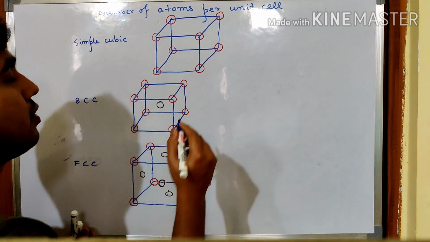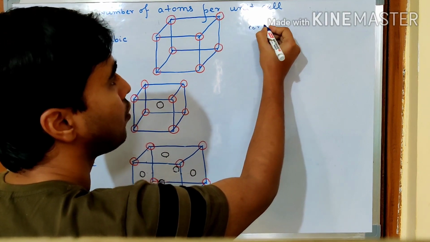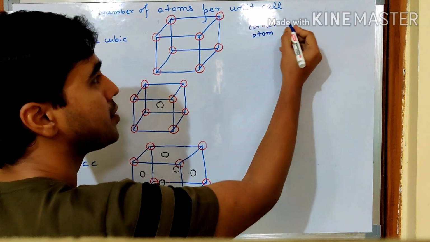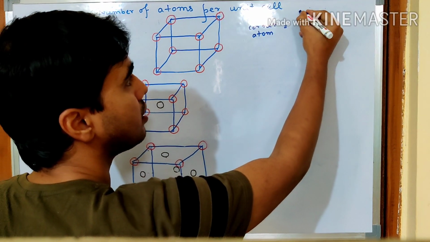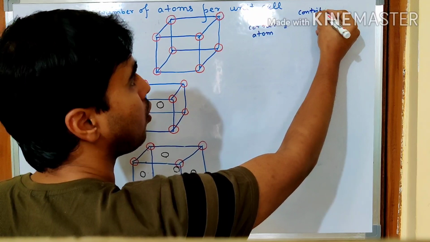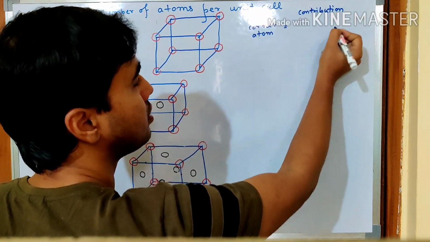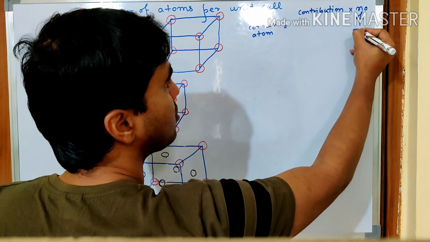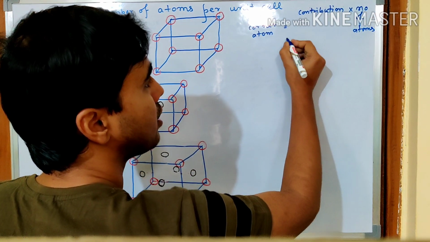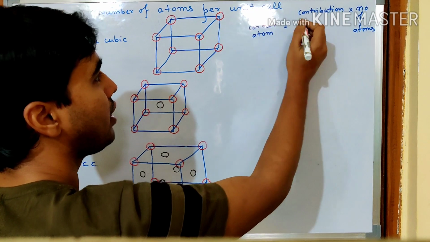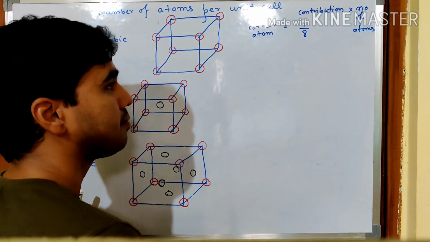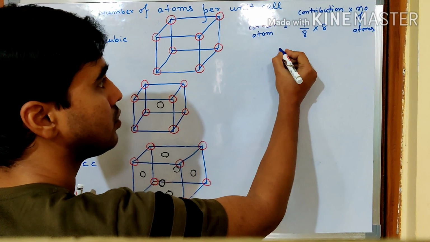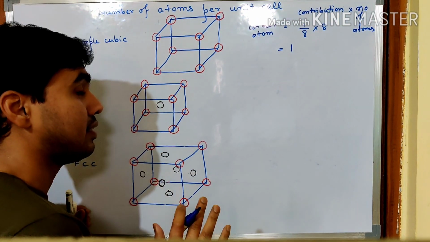Now let us calculate. We know for corner atoms, the contribution into the number of atoms. Contribution for each corner atom, we have seen already, it is 1 by 8. And how many atoms are there? 8 atoms. So the total is 1.